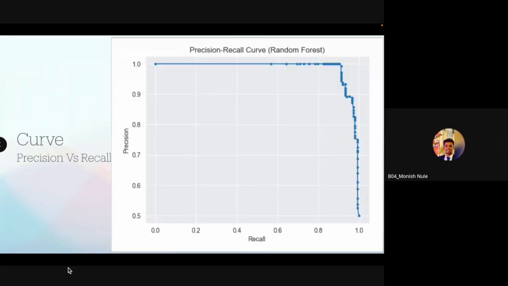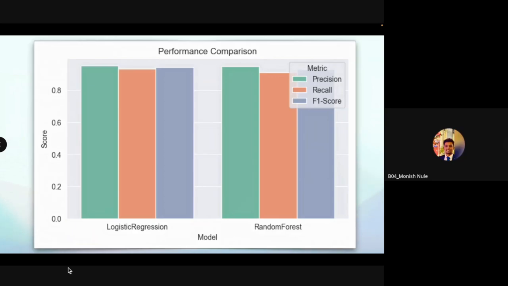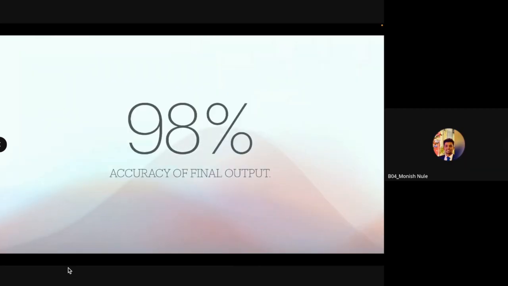The weighted average weights by the support. This is the curve, you can see the recall and the precision, and this is the final model performance. I found that this is 98% accuracy over the final output.